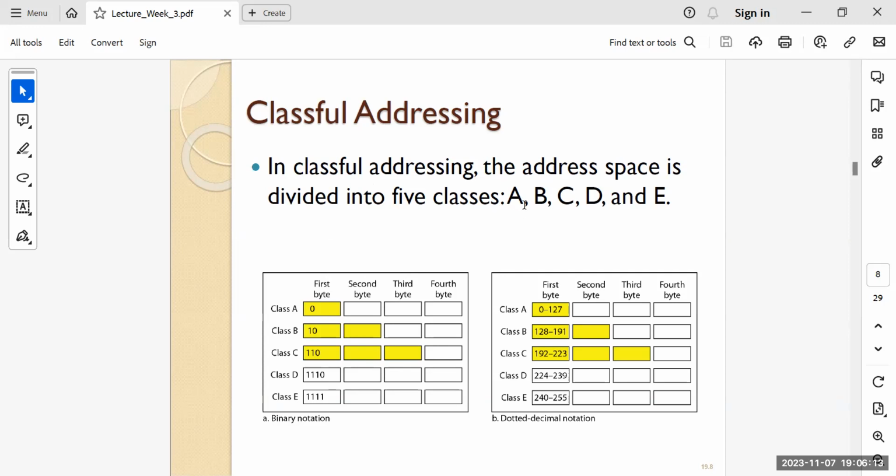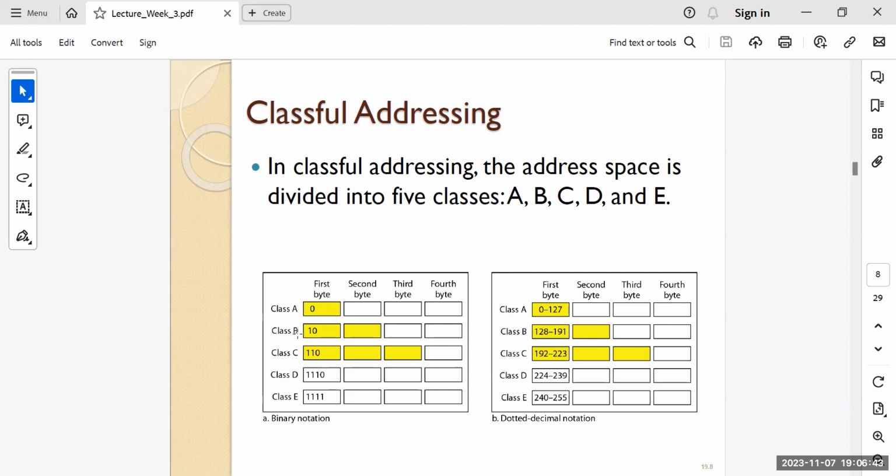And in that case, we have 5 different classes of addressing schemes. One is class A, one is class B, one is class C, one is D, one is E. Sorry, this is the first byte, this is the second byte, this is the third, and this is the fourth. In class A, in the first byte, the first bit is 0.